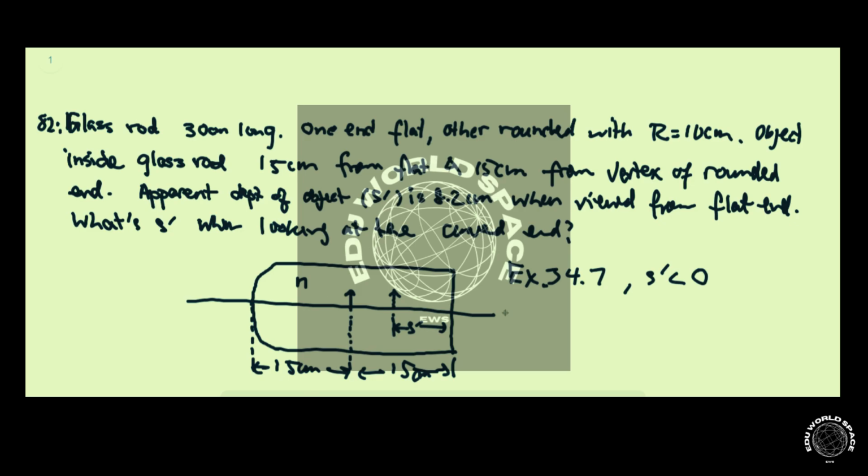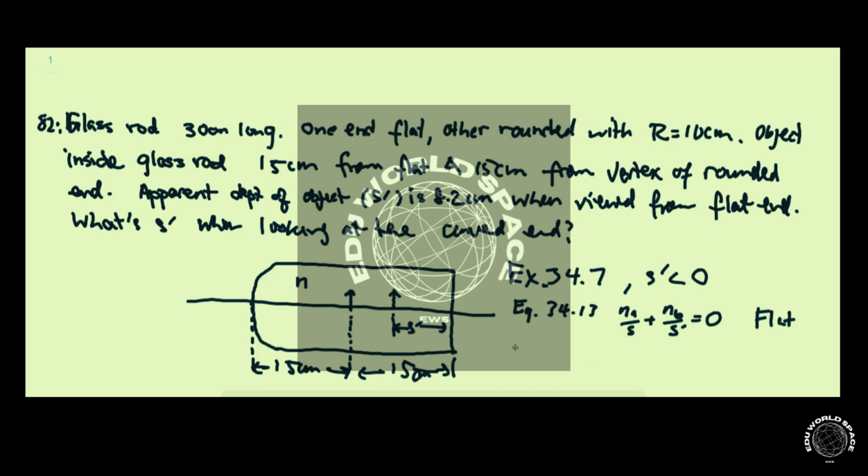And the way we're going to solve this problem is to use two equations. First, we'll use equation 34.13, which is NA over S plus NB over S primed is equal to 0. So this is for the flat end.